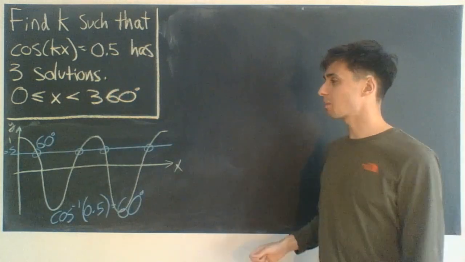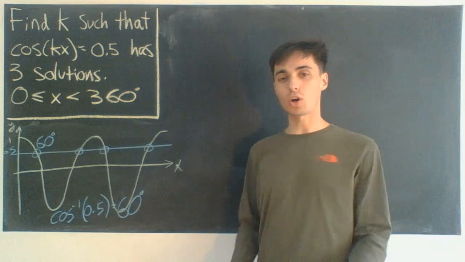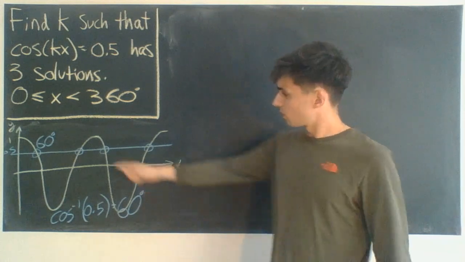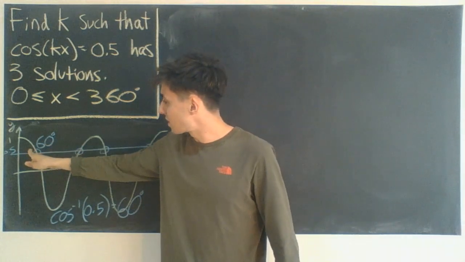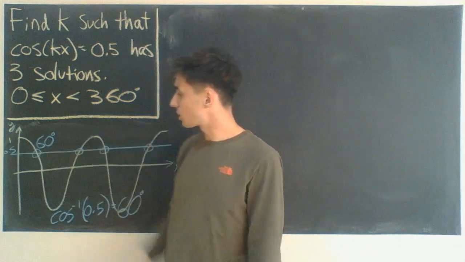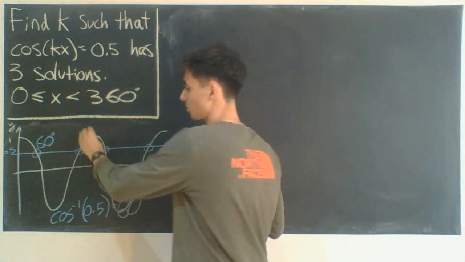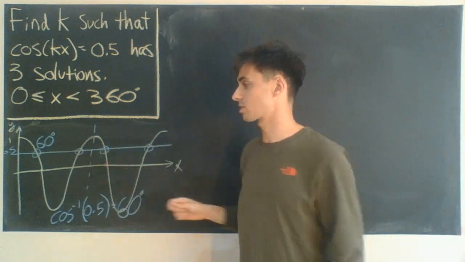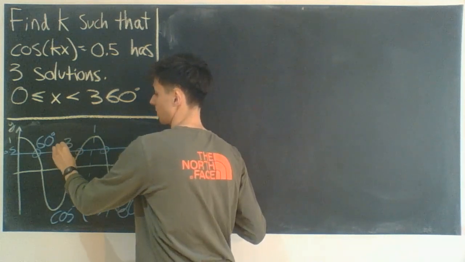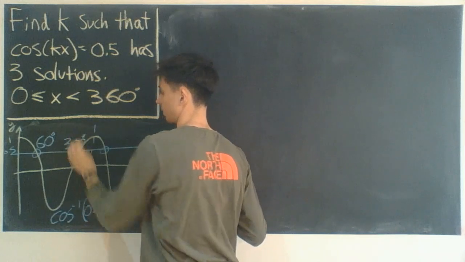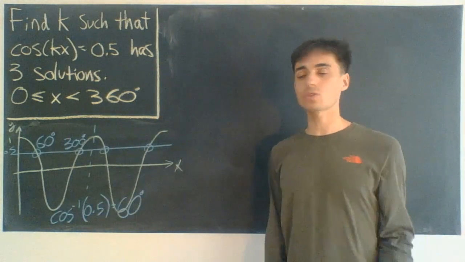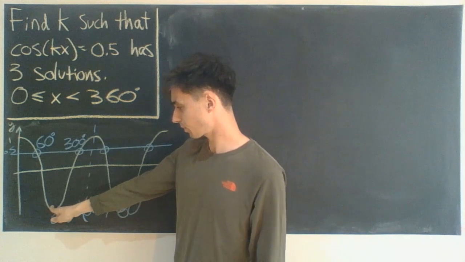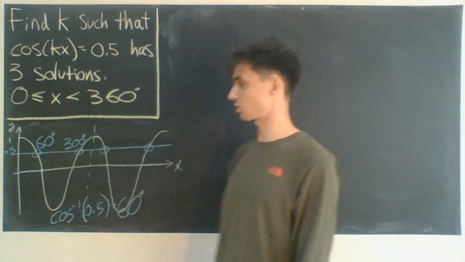From there, we're thinking about properties of the cosine graph. What we know is that this solution is equally spaced from 0 as this one is. This would be 360 degrees. So this must be at 300 here. In other words, our cosine graph is symmetrical about 180 degrees.